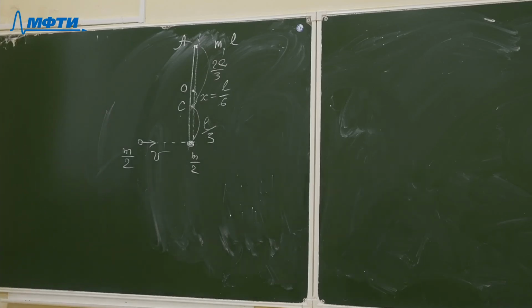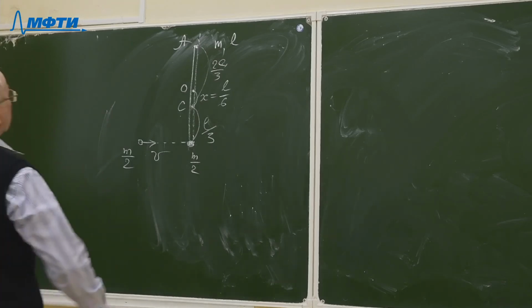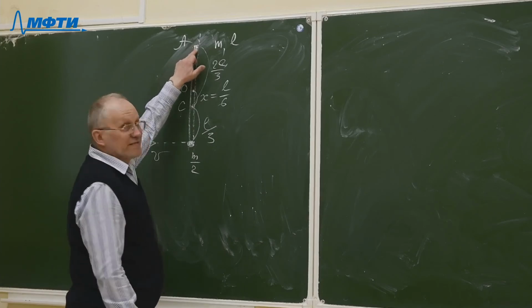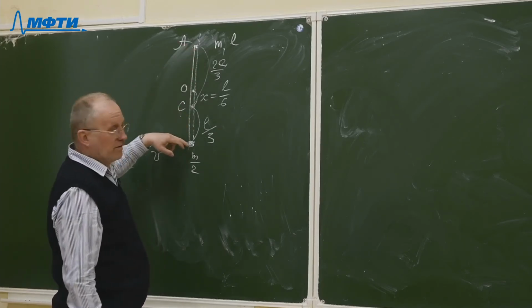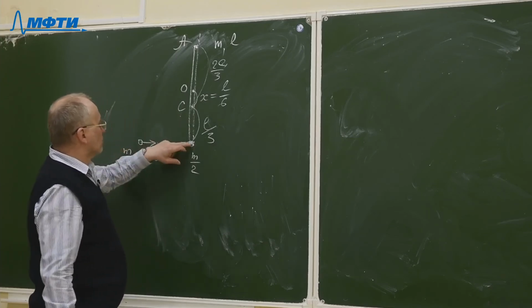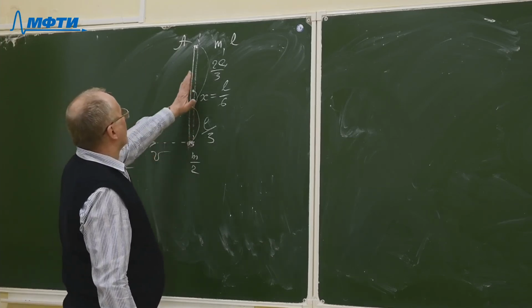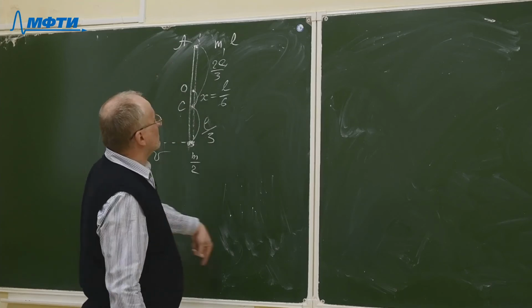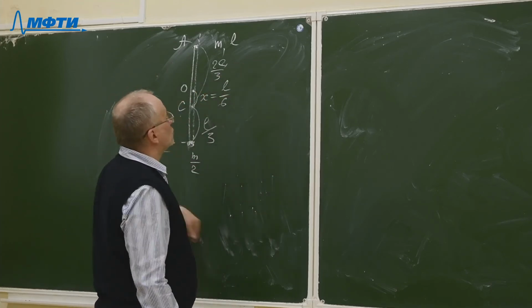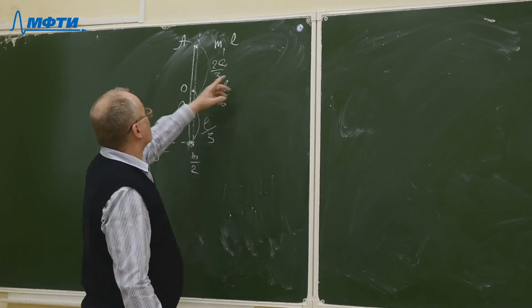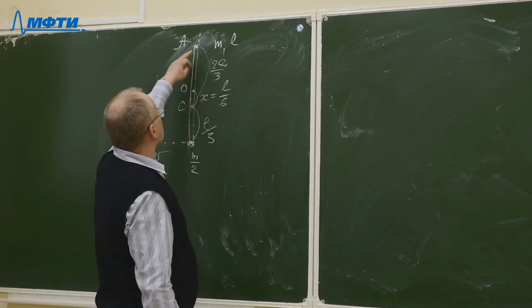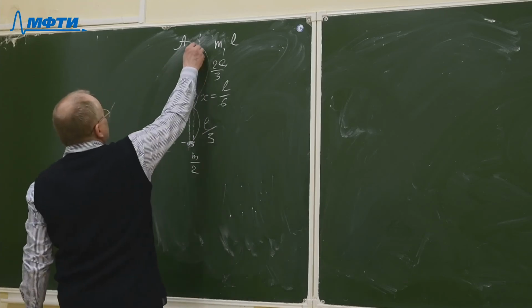This is very simple, but what next? We have to find the displacement of point A after the rod with the small ball stuck in it has made a complete turn of 360 degrees. We don't know the trajectory of this point. It may be something like that.